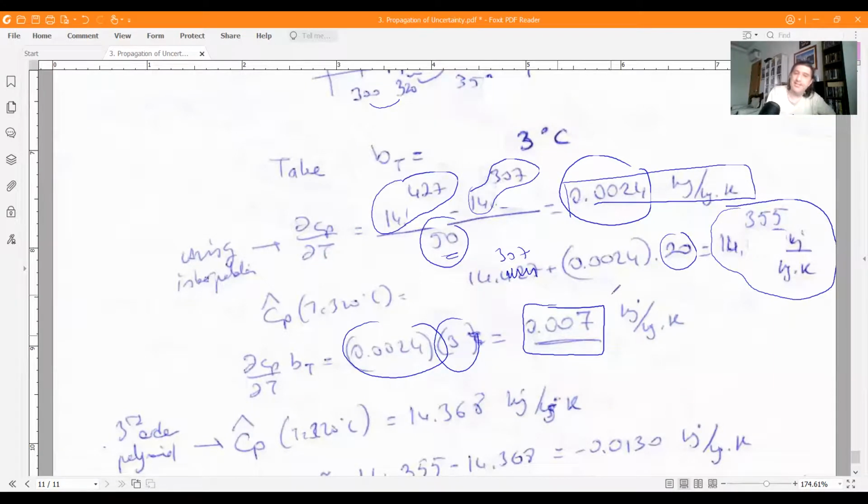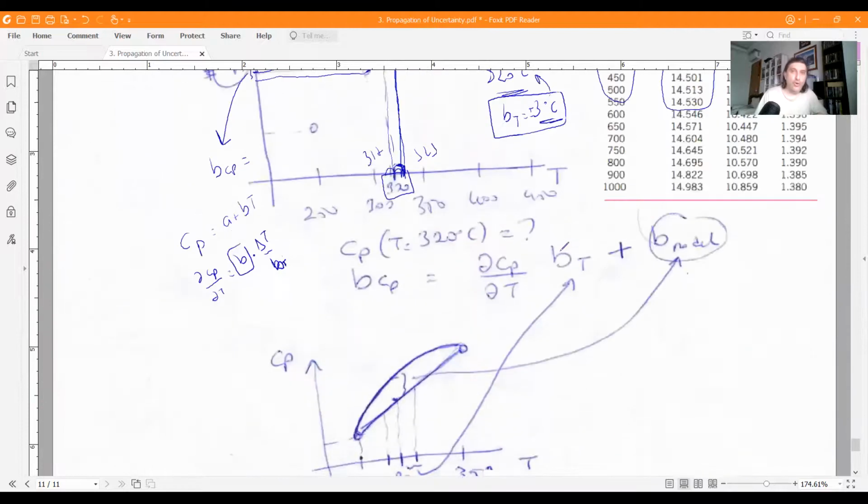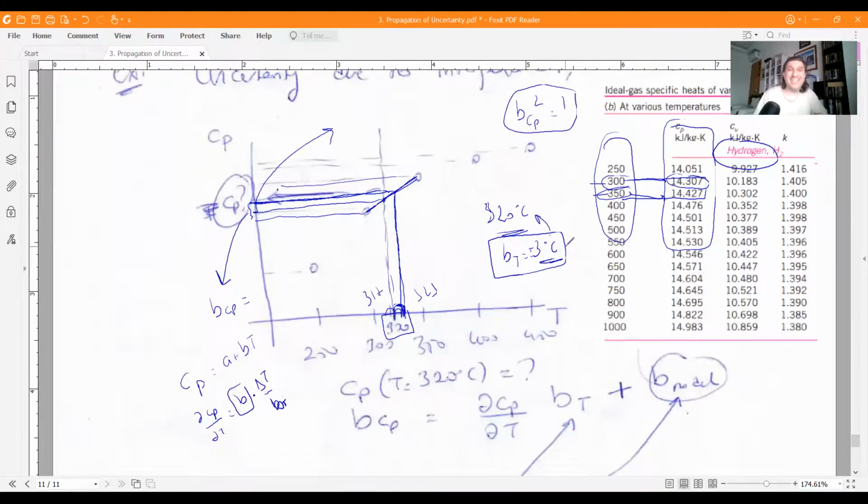So you can easily take the square here. Therefore, this is going to be easily equal to the uncertainty in Cp. On the other hand, note that interpolation itself, only using these 2 points, is a model approximation.